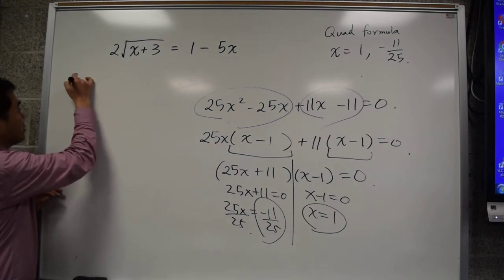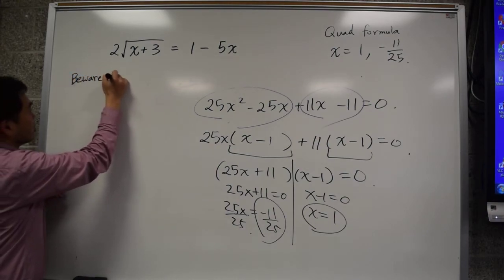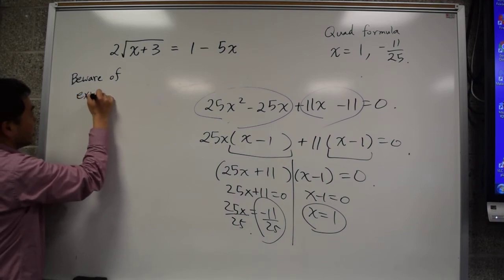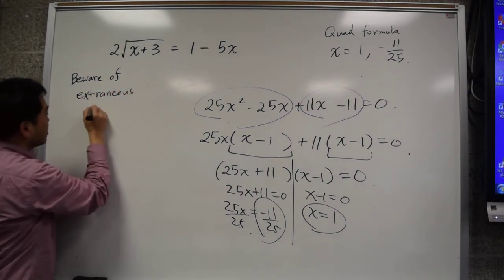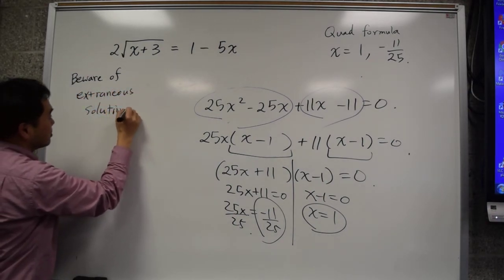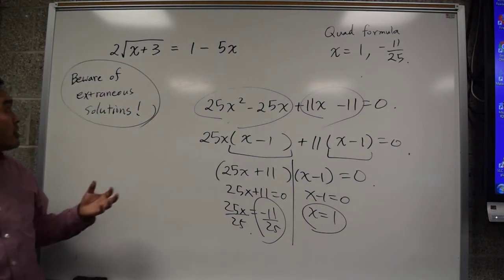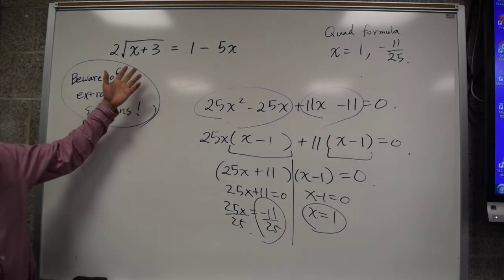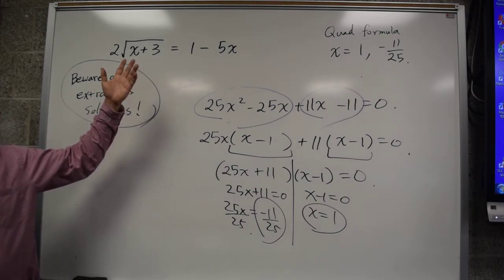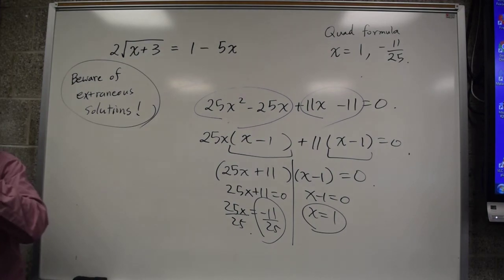So beware of extraneous solutions. Okay. What are these? These are like fake solutions. These are things that if you plug in, it gives you the wrong answer. Sometimes that happens.